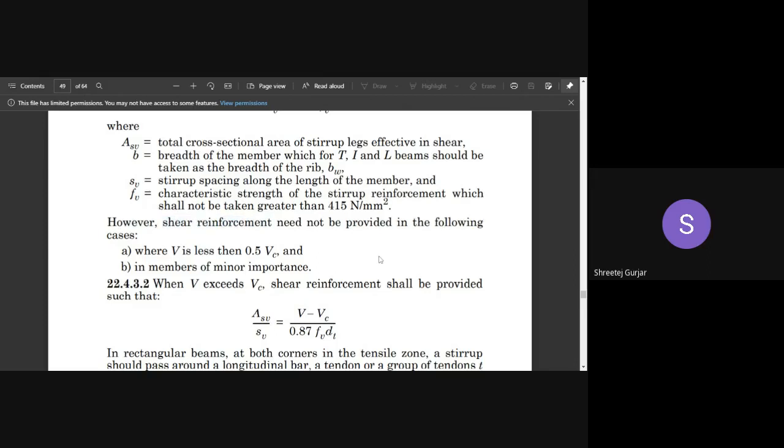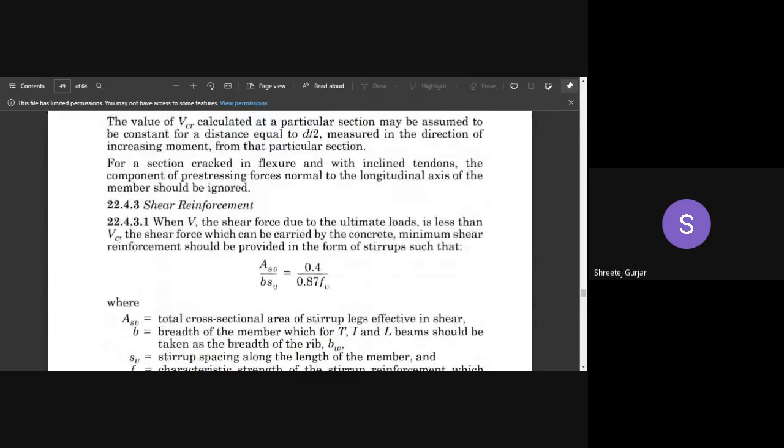Coming to the second case, in members of minor importance, we need not provide any shear reinforcement.